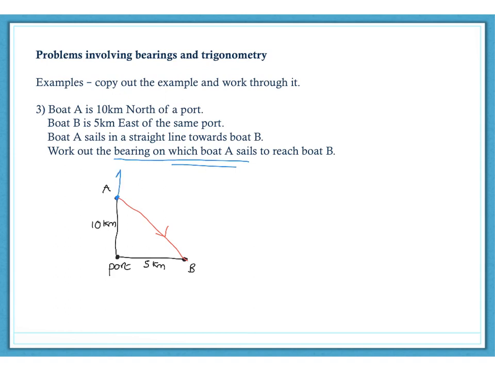So, if we draw in the north line for A, the bearing is this angle here, which means that we need to find the size of this angle and subtract that from 180 degrees to get the bearing. Here's the right angle. Let's label some sides.